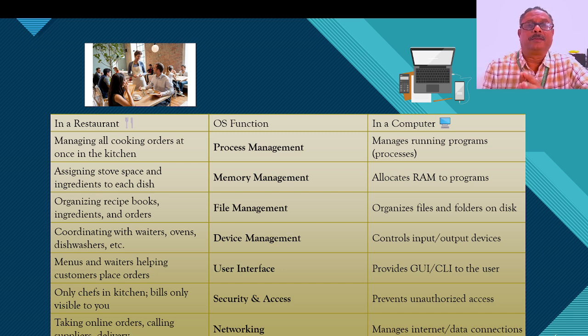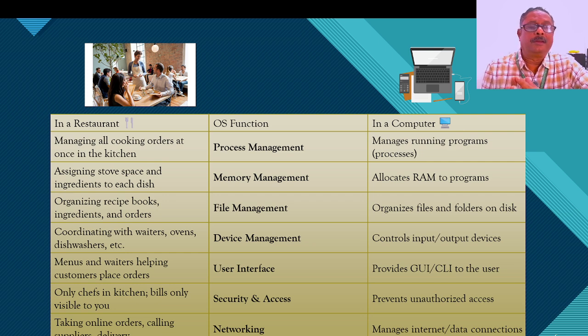The quality of the food has to be well maintained. In order to have that, only a properly trained chef has to attend to any given item, and others should not interact or interfere. So this security and access has to be taken care of.